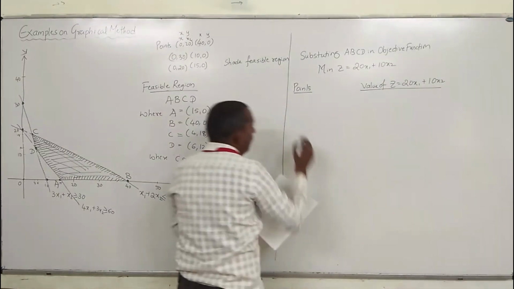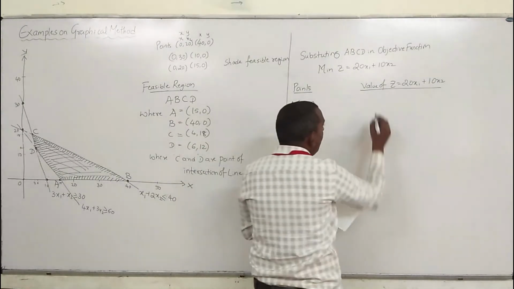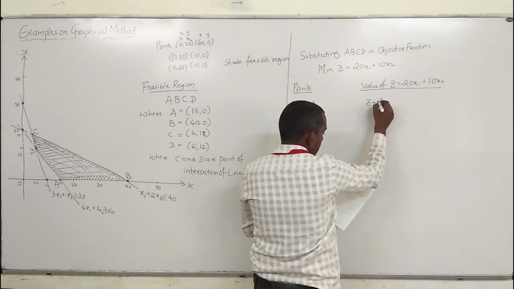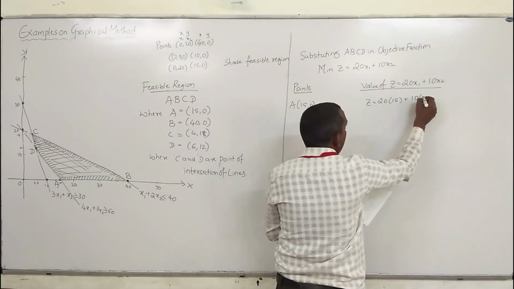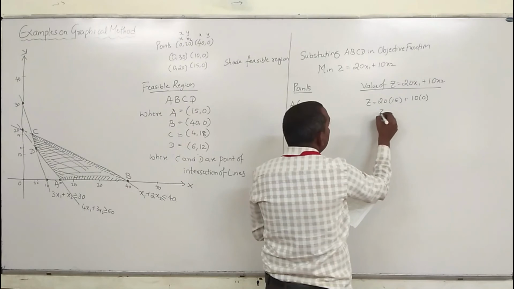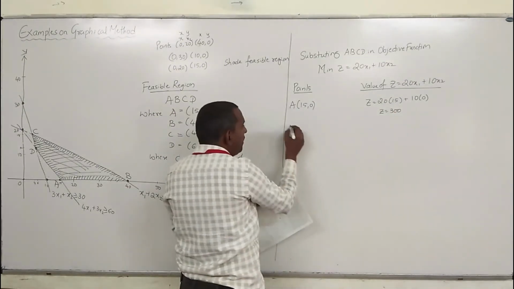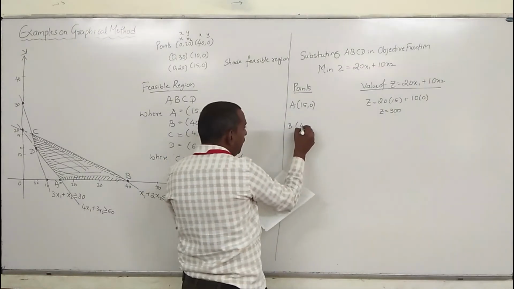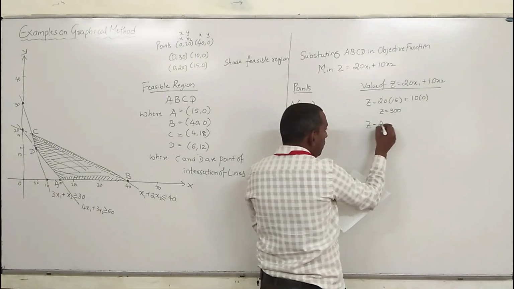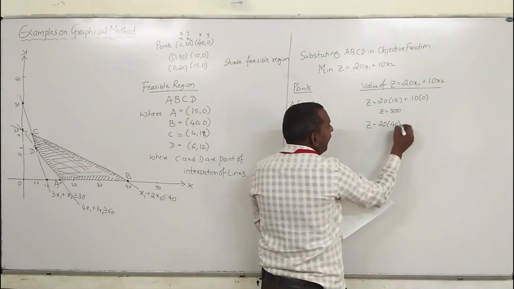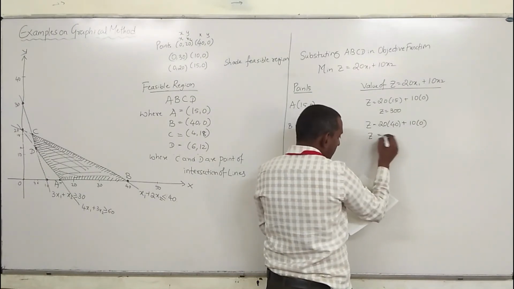First one, A is 15, 0. So Z is equal to 20 into 15 plus 10 into 0. So Z is nothing but 300. Whereas for point B, that is 40, 0, we come across Z is equal to 20 into 40 plus 10 into 0. Then Z becomes 800.